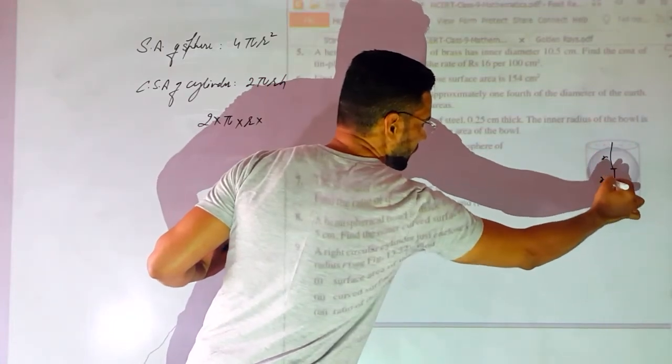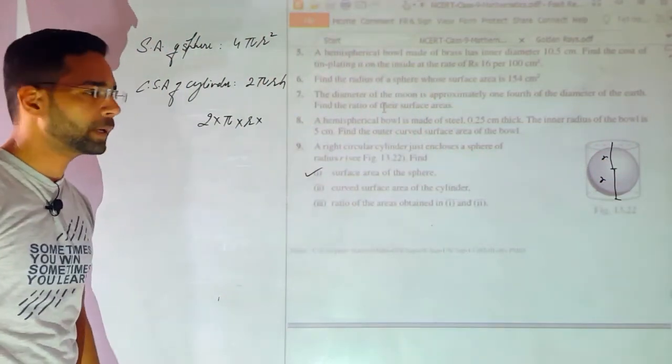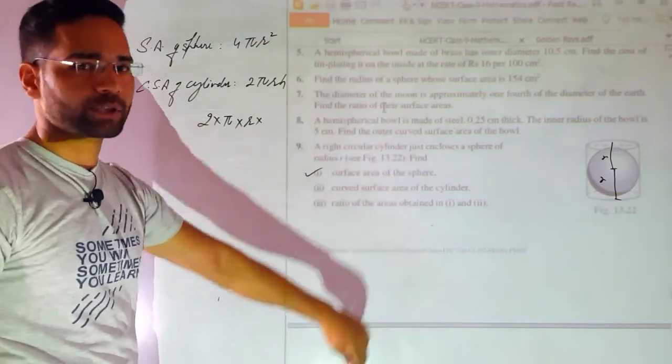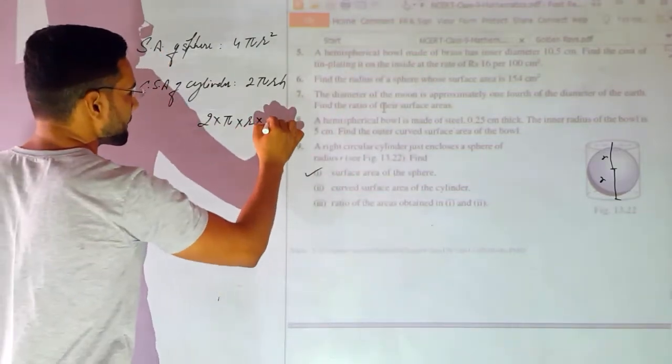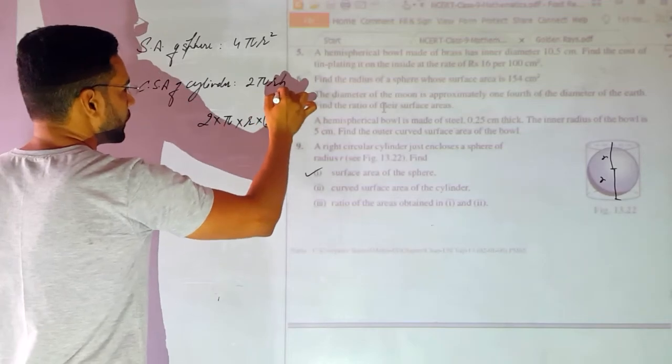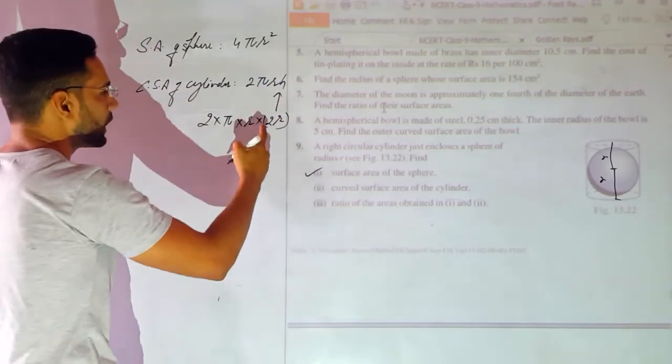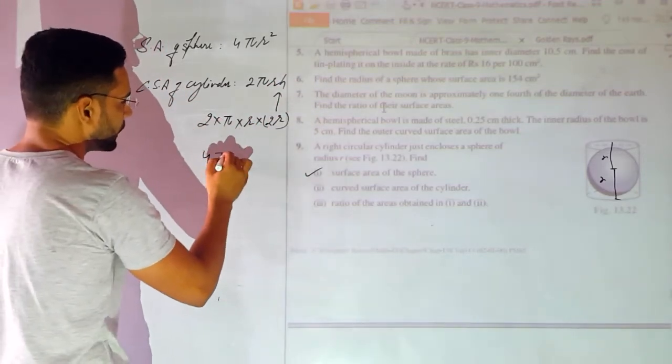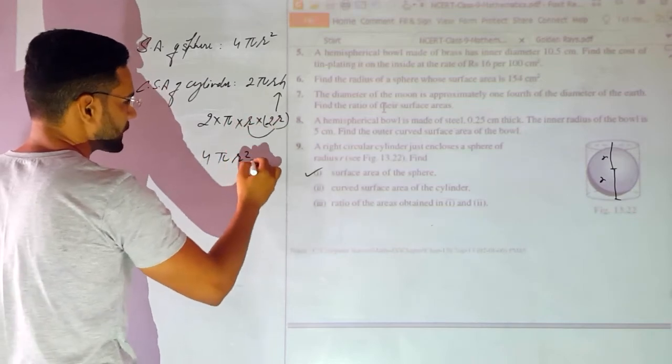This is r of the sphere. R plus r is h, means h equals 2r. Now 2 into 2 gives 4 pi, as it is, r into r square.